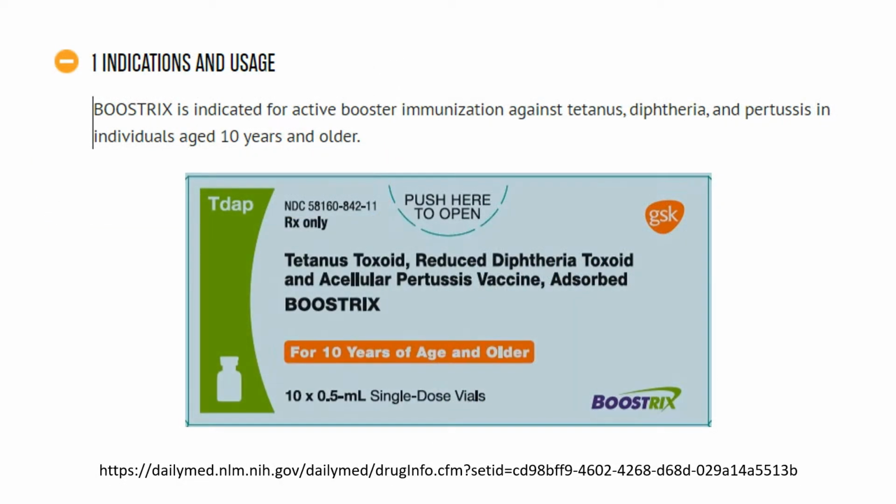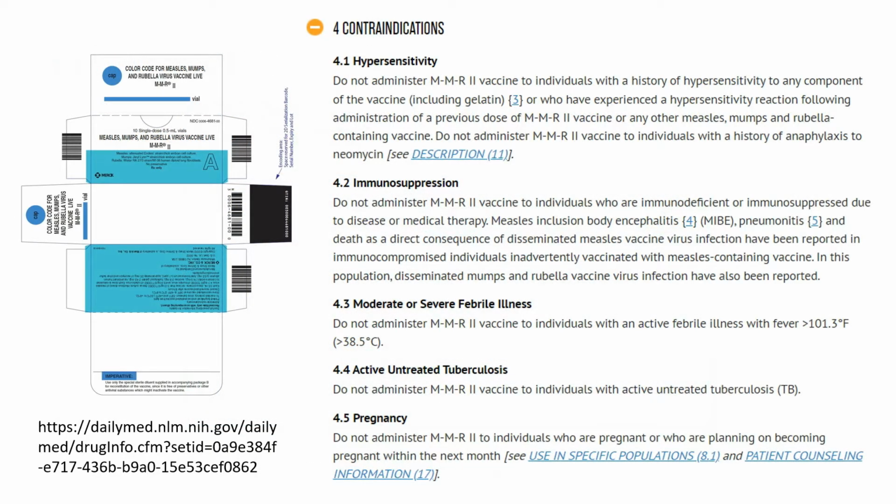The section on indications and usage defines what disease the vaccine is supposed to prevent and who it is intended for. For example, Boostrix is indicated for active booster immunization against tetanus, diphtheria, and pertussis in individuals aged 10 and older. The section on contraindications specifies conditions under which the vaccine should not be administered.